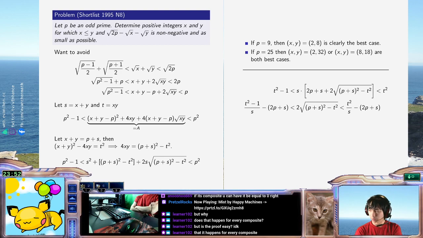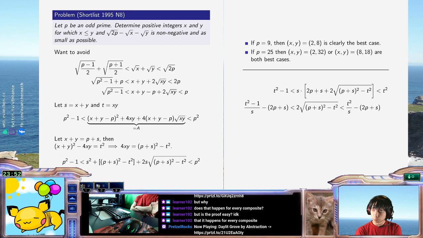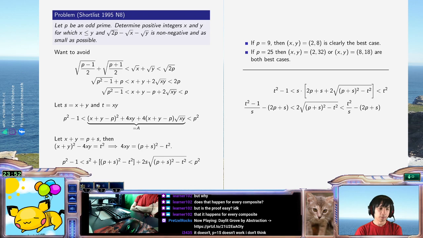It happens if P is an odd square, or a multiple of an odd square. I don't know what happens if P was like 15 or something. P equals 15 won't be exactly that, but I don't know if equality is achieved at 7 comma 8 precisely or something.